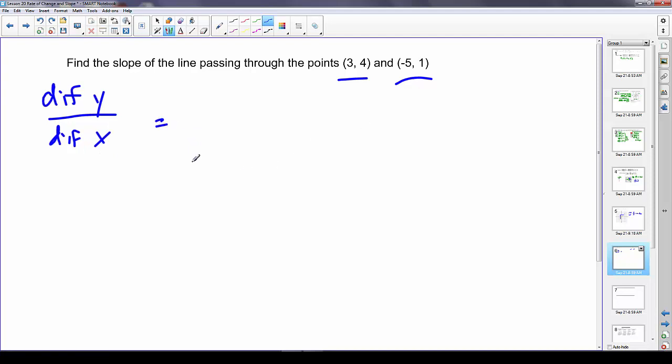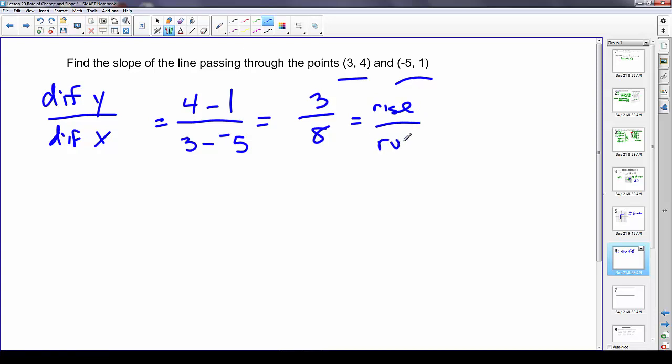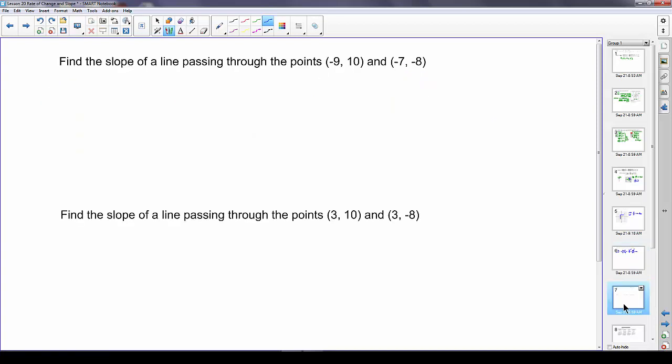So if I take and subtract my y's, I have 4 minus 1, and then I have 3 minus -5. 4 minus 1 is going to equal 3. 3 minus -5 is equal to 8. So this is my rise over my run, or my slope, m. We're going to practice another one.